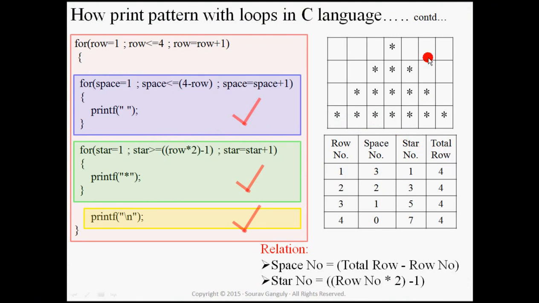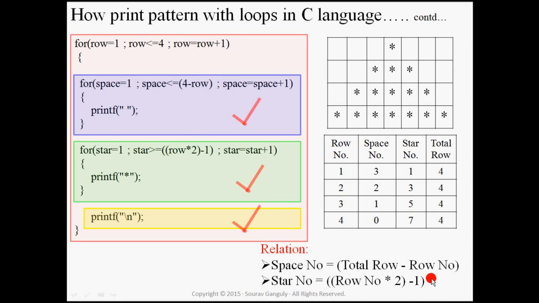When you get this type of problem in your exams, then at first draw this table and calculate this relation and write this program. This program will remain same. Just the relations will change.